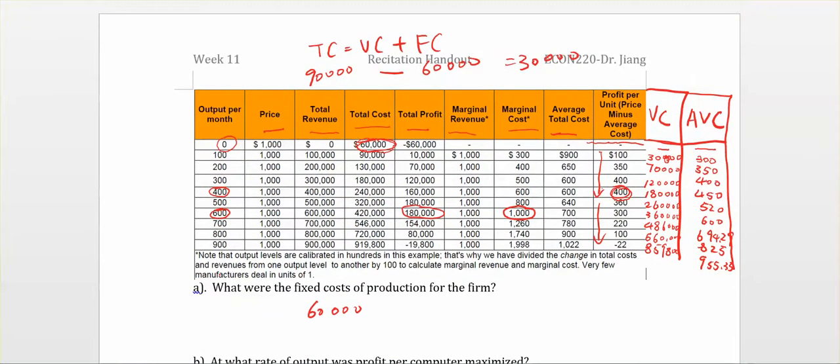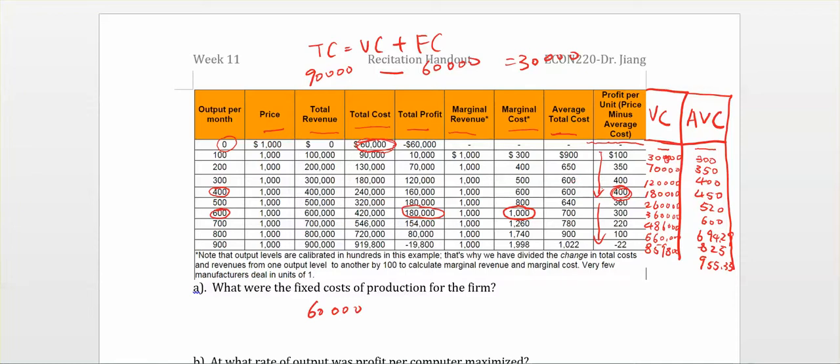So now let's go back and look at the relationship between the price and the average total cost. The price is $1,000, right? But we cannot find it here. Here we want to find the average total cost, the lowest average total cost, because in the previous chapter, we learned the production curve and the cost curve, and we know the zero-profit point is at the lowest average total cost.